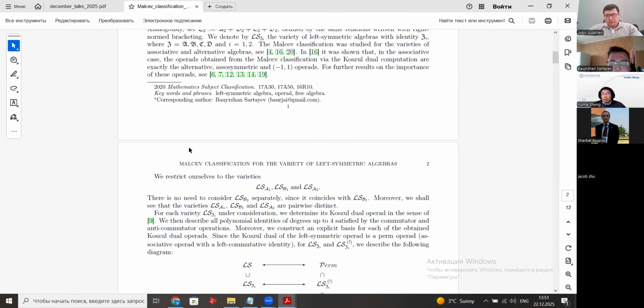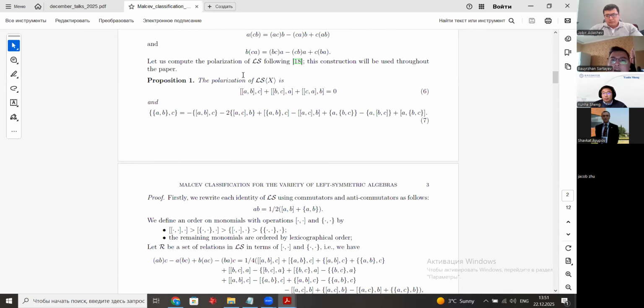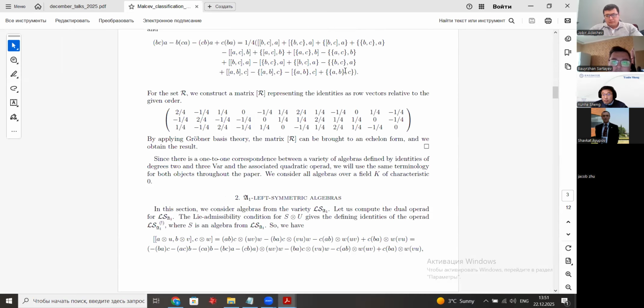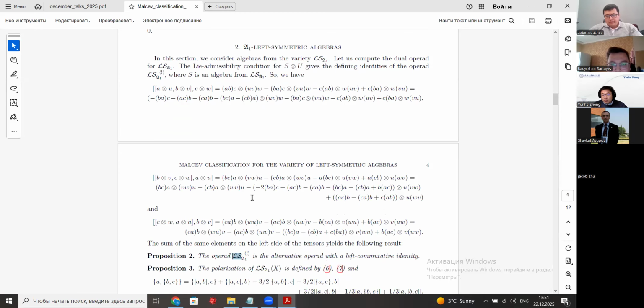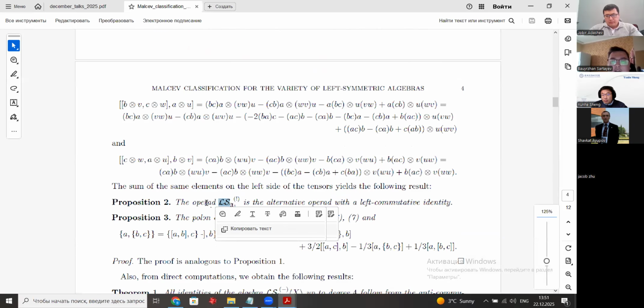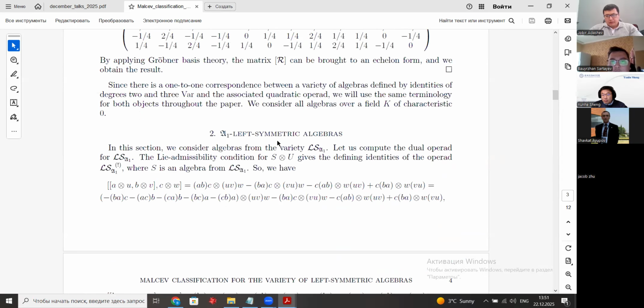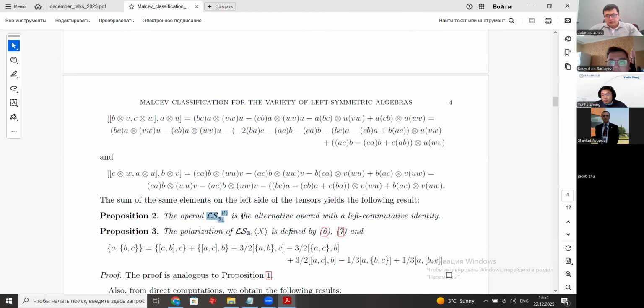For example, consider left symmetric algebras with identity A1. When we speak about its brother, I mean its Koszul dual operad. Then its Koszul dual operad will be a left alternative operad with the identity of left commutativity.